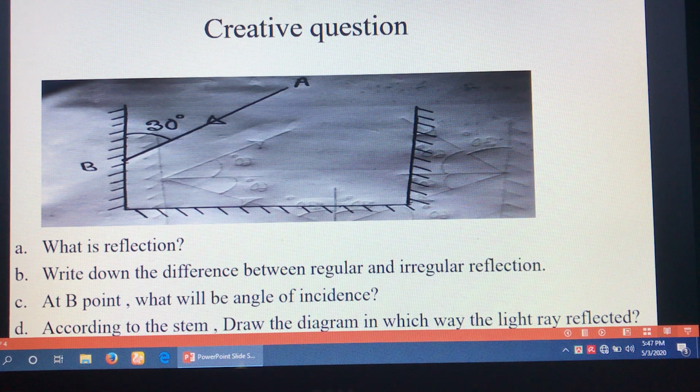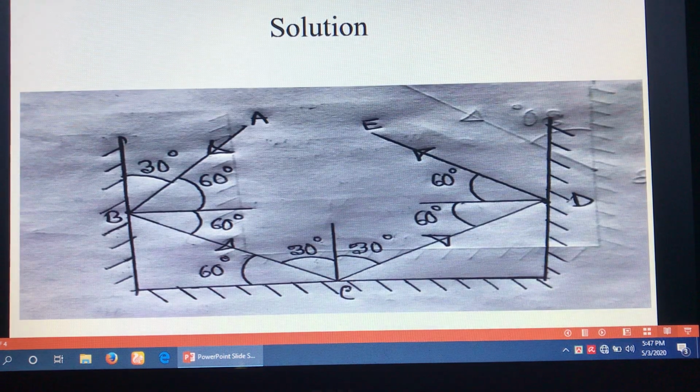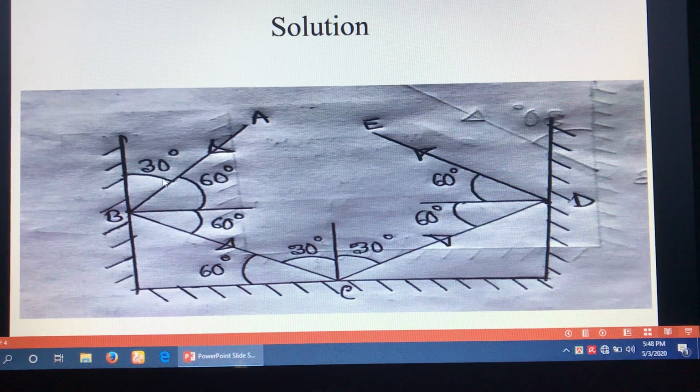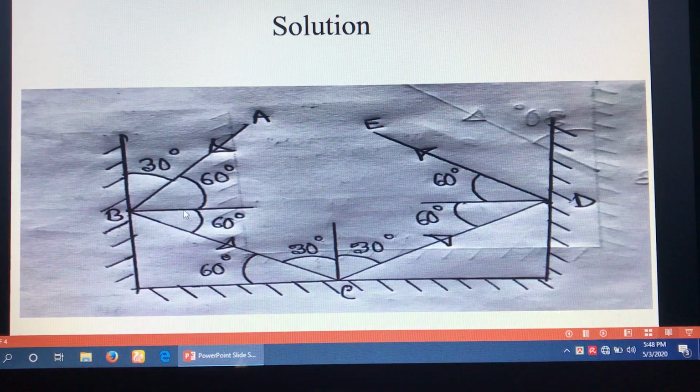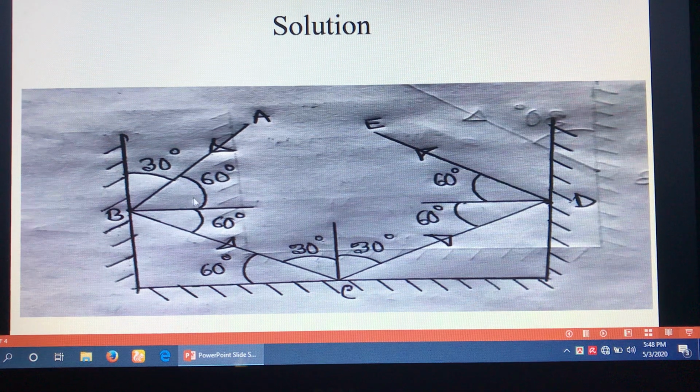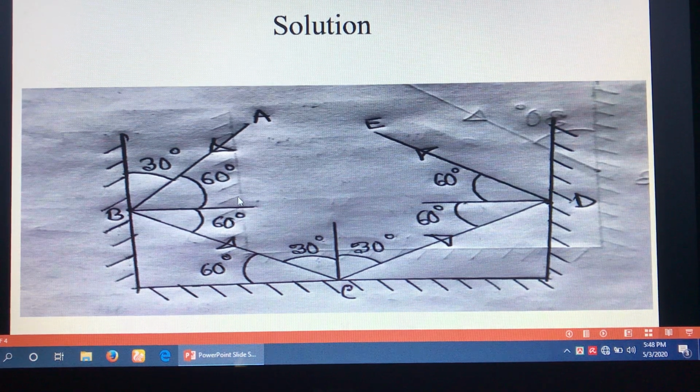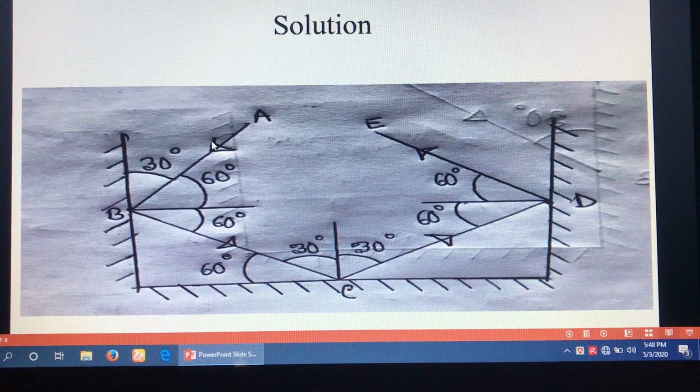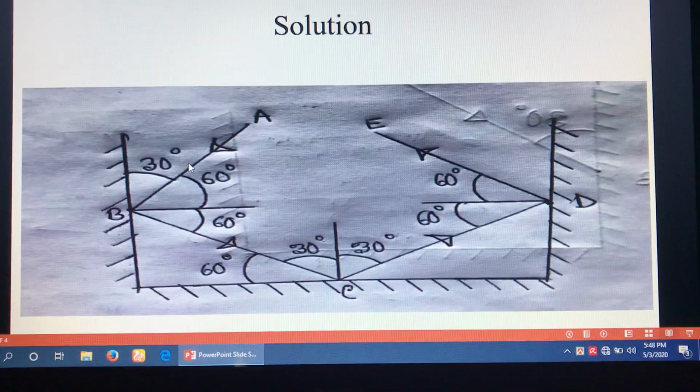This is the figure. At point B, the angle between the incident ray and the mirror is 30 degrees, and this is the normal at point B. So the angle between the normal and the incident ray is 60 degrees.